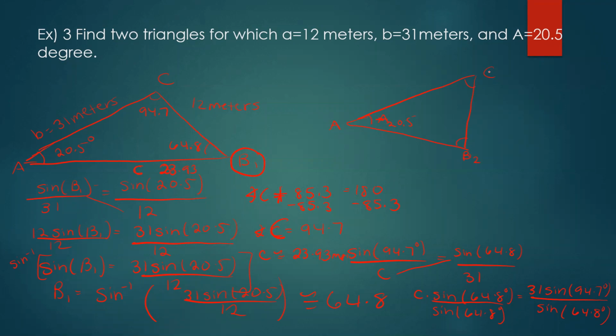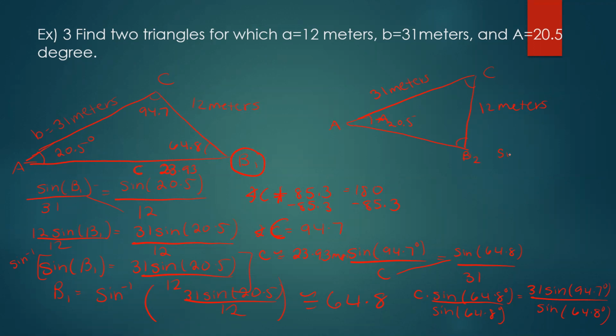And what else do we have? We know that b is 31, so this would be 31 meters, and this is 12 meters. So let's find B2.